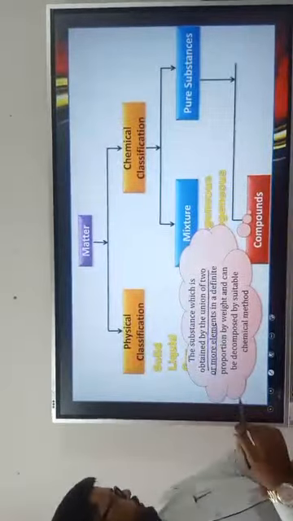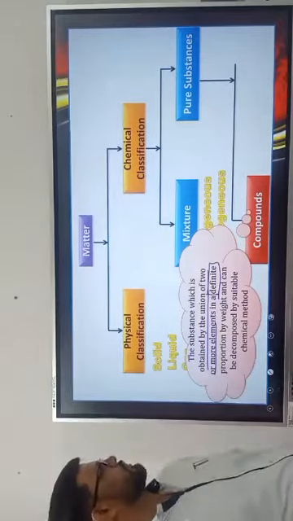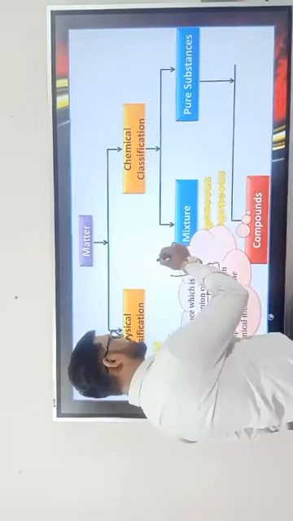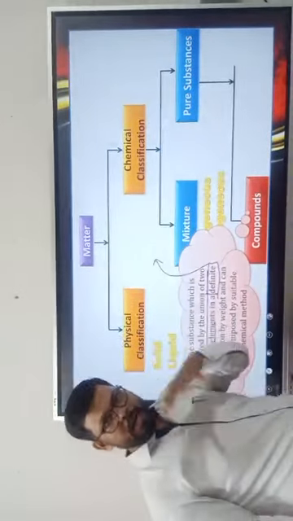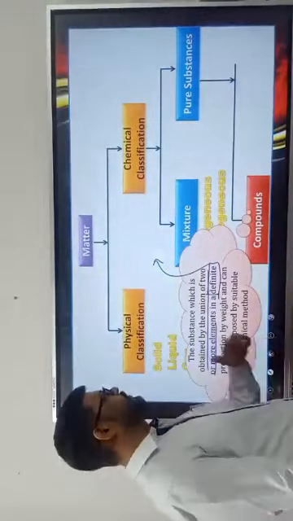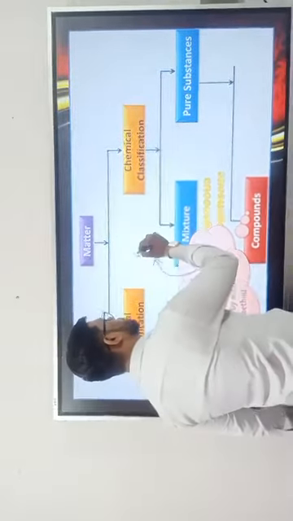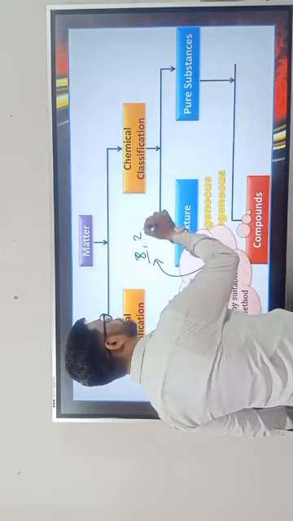Why is definite proportion required? This word is very important, because one atom can combine with another atom in order to complete its octet or duplet.